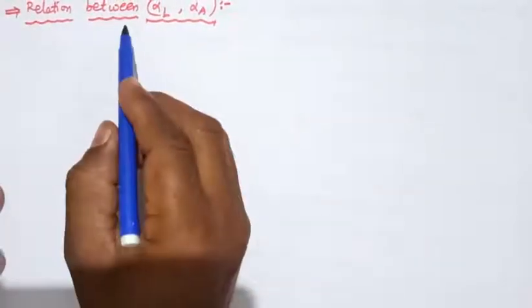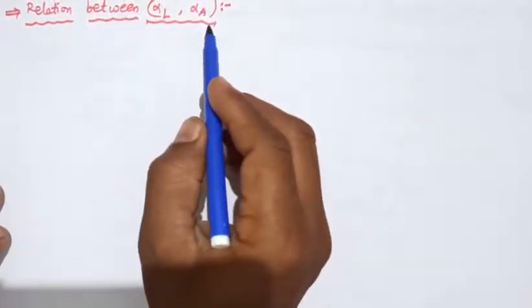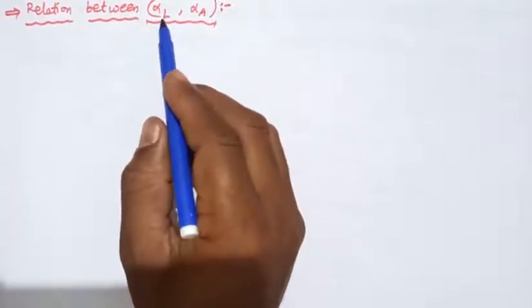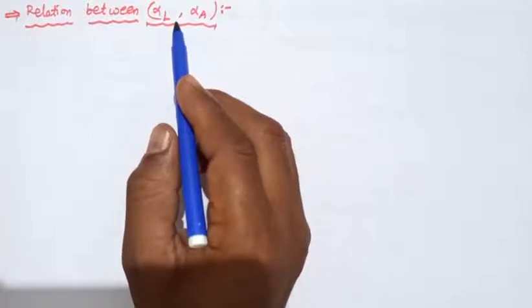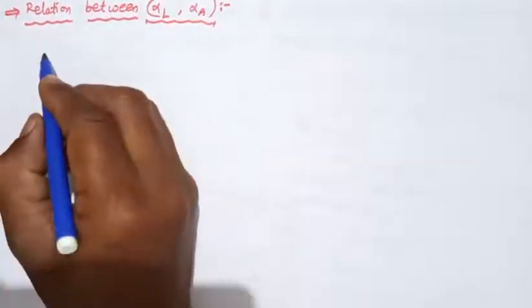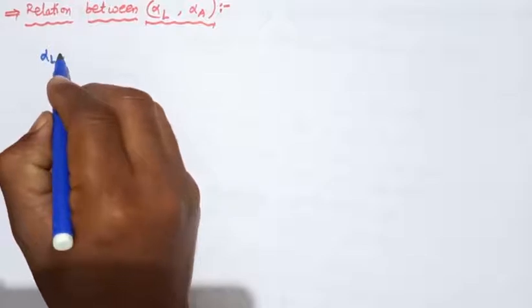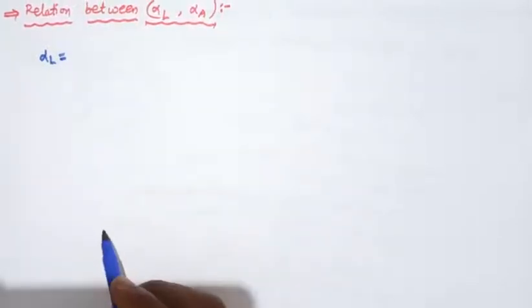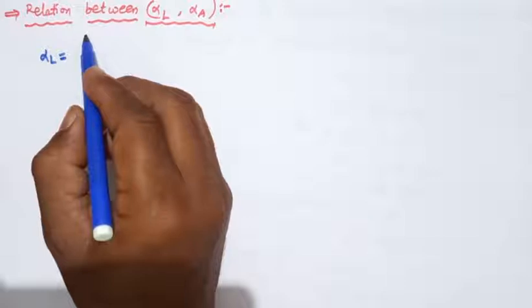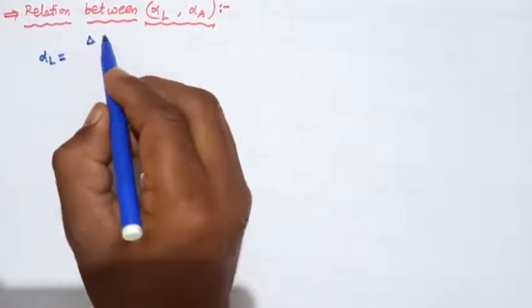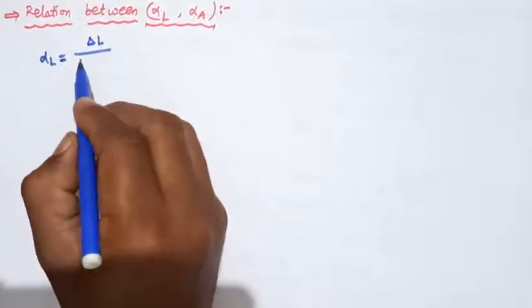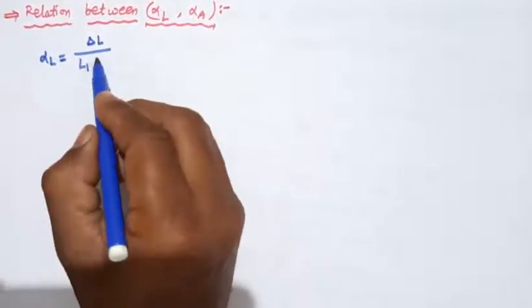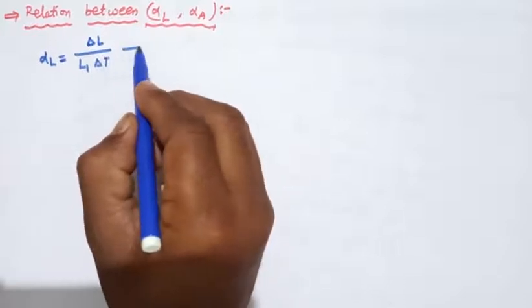Next, the relation between alpha L and alpha A: coefficient of linear expansion and coefficient of areal expansion. We know that alpha L equals the change in length divided by the initial length times delta T. So this is equation number 1.